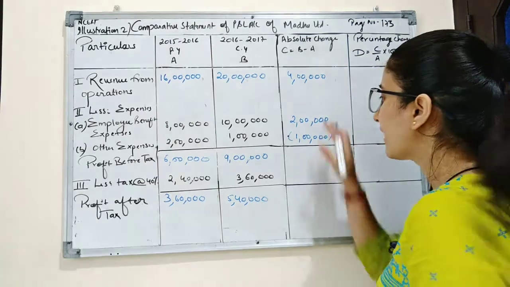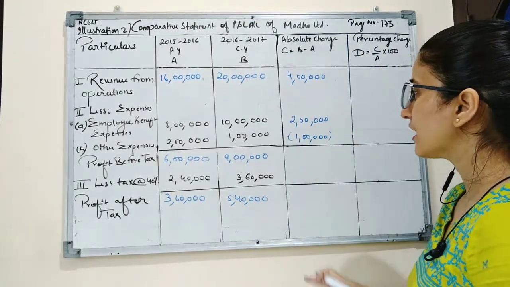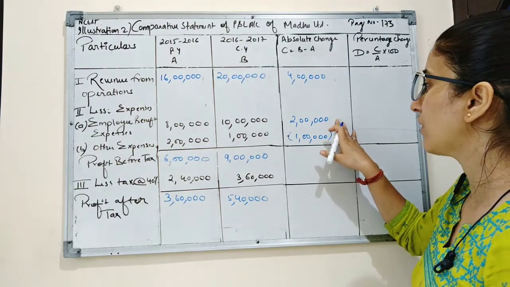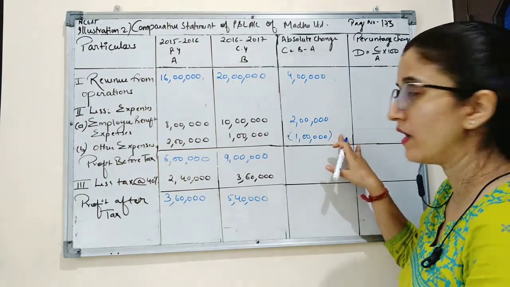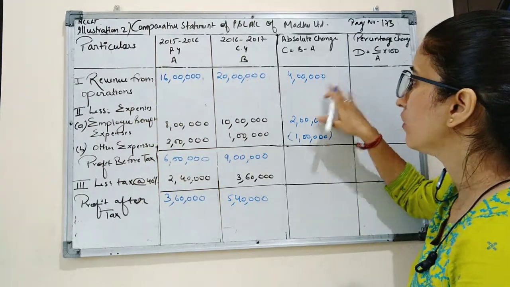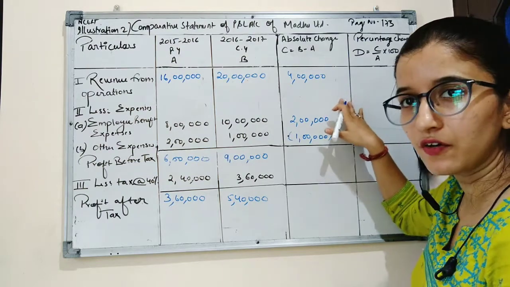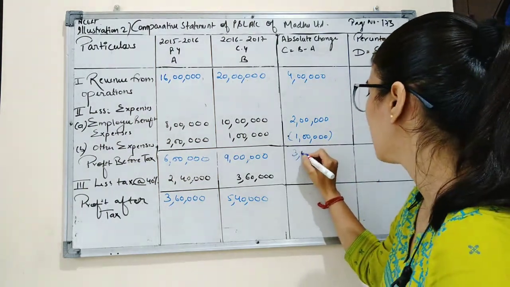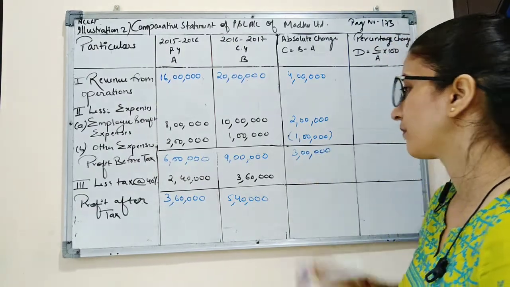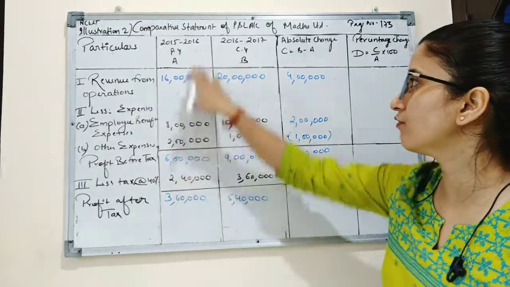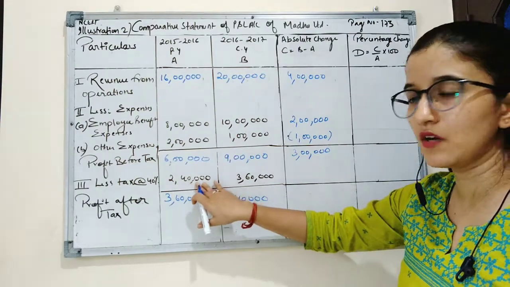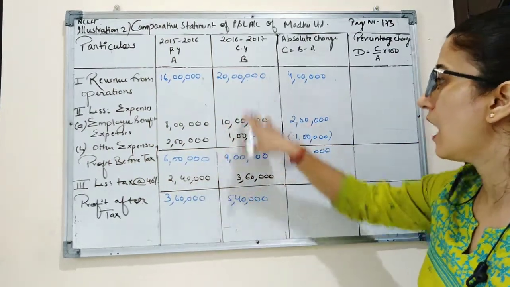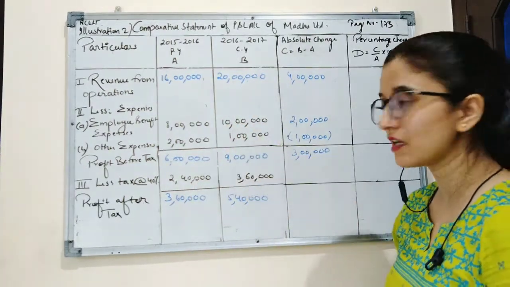1 lakh rupees. Now by calculating these, we will add the expenses. Expenses is 2 lakh rupees minus 1 lakh, that is 1 lakh rupees. Total revenue or revenue from operation is 4 lakh rupees. So 4 lakh minus 1 lakh will be 3 lakh rupees. Here the tax of previous year is 2,40,000 and current year amount is 3,60,000.